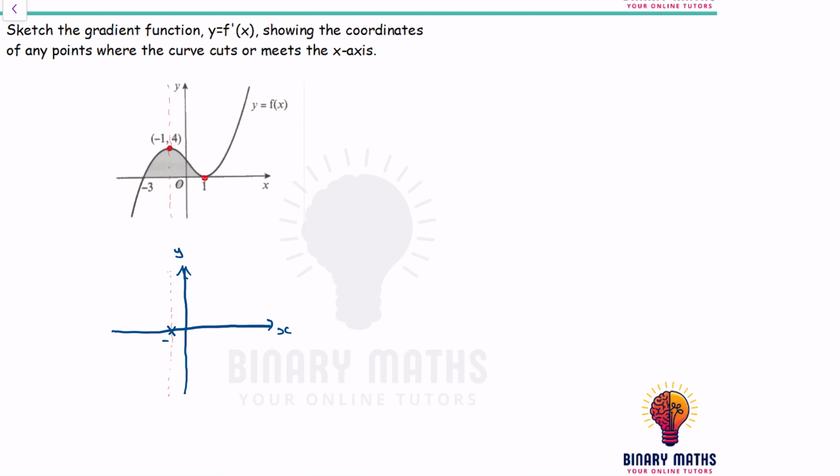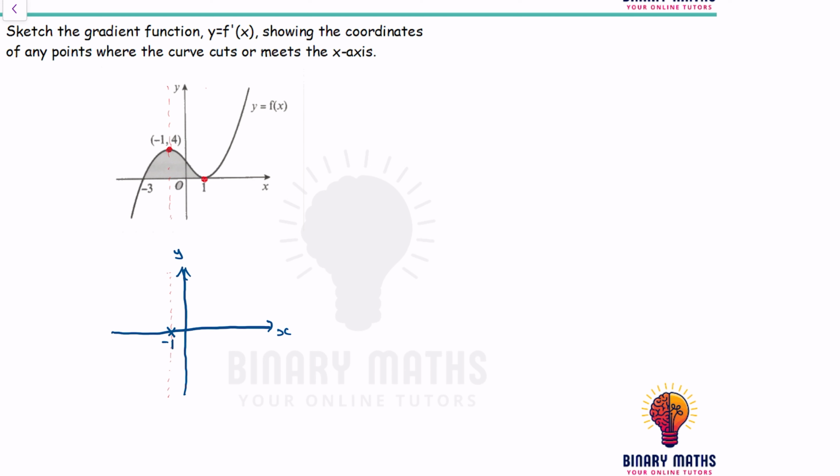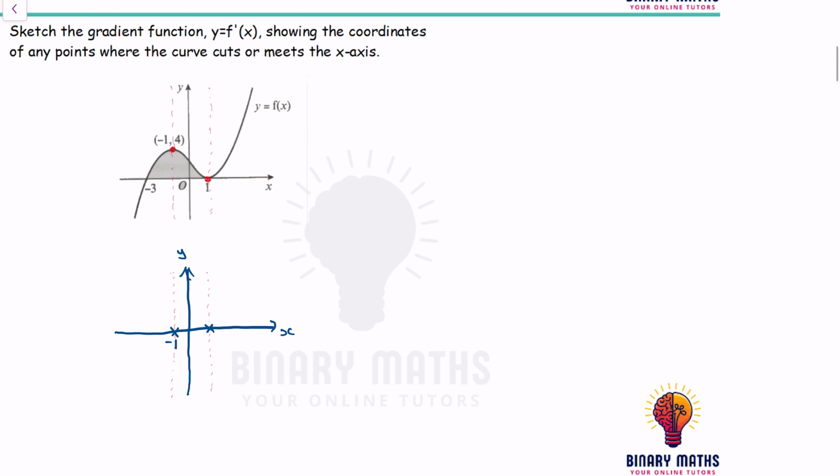So that is at -1. Similarly, because the gradient is 0 at x equals 1, my y is equal to f dash of x graph will cross the x-axis at 1. So I know the x-intercepts are -1 and 1 because the stationary points are at x equals -1 and 1.